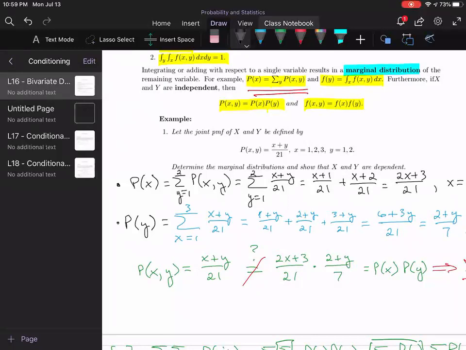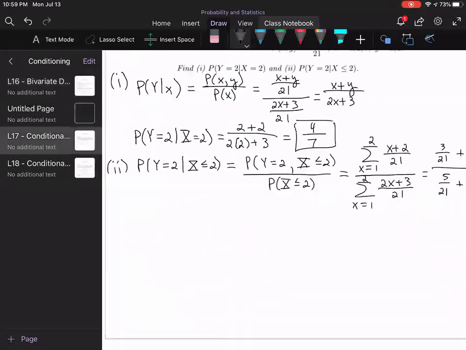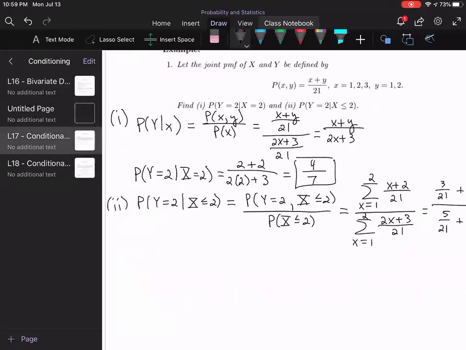Were there any other questions? I have a question for part 1. Okay, let me go back. Yeah, the problem was P of y given x. So why did you put the second part as P of x comma y instead of P of y comma x over P of y? You're talking about here? Yeah, as opposed to part 2 where you put P of y equal to 2 comma x. It actually doesn't matter the order there.